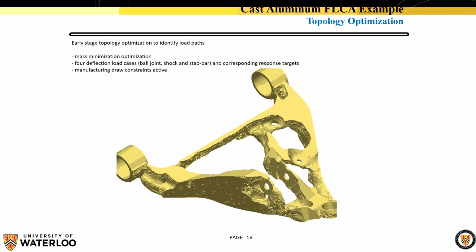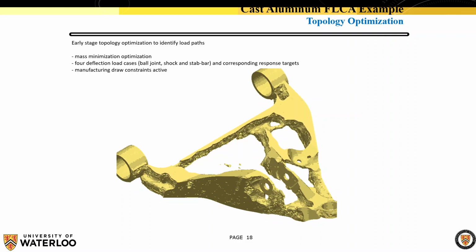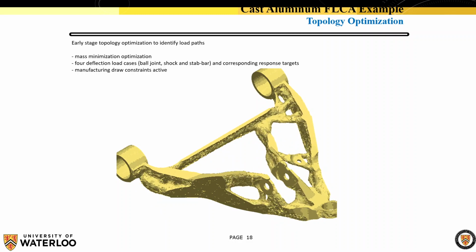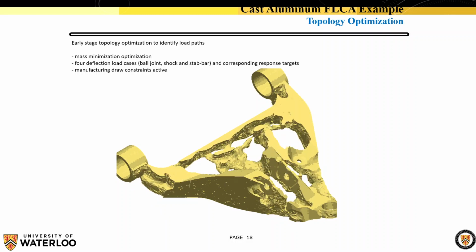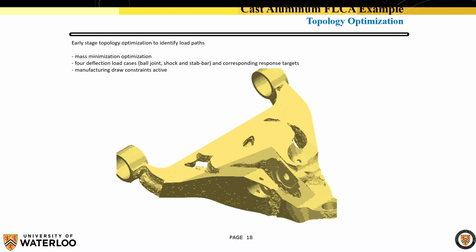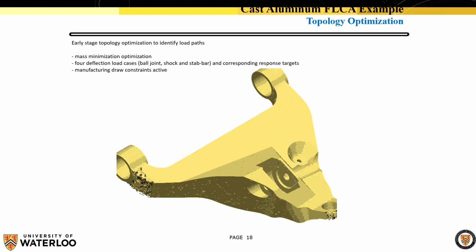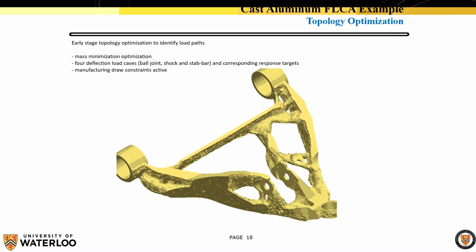It'll start lowering the density of those parts of the component until they effectively do nothing. Then you can whittle away the material and develop these load paths within the component that allow you to have a really mass optimized design and these nice organic shapes that intuitively you really wouldn't think about.